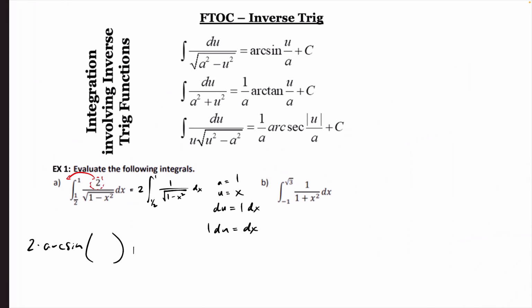I'm not going to put the plus c because I have bounds. I have a 1 and a 1/2, right? Okay, in the parentheses is my u over my a. My u, we said, was x, and my a is 1, so it's just going to be x.